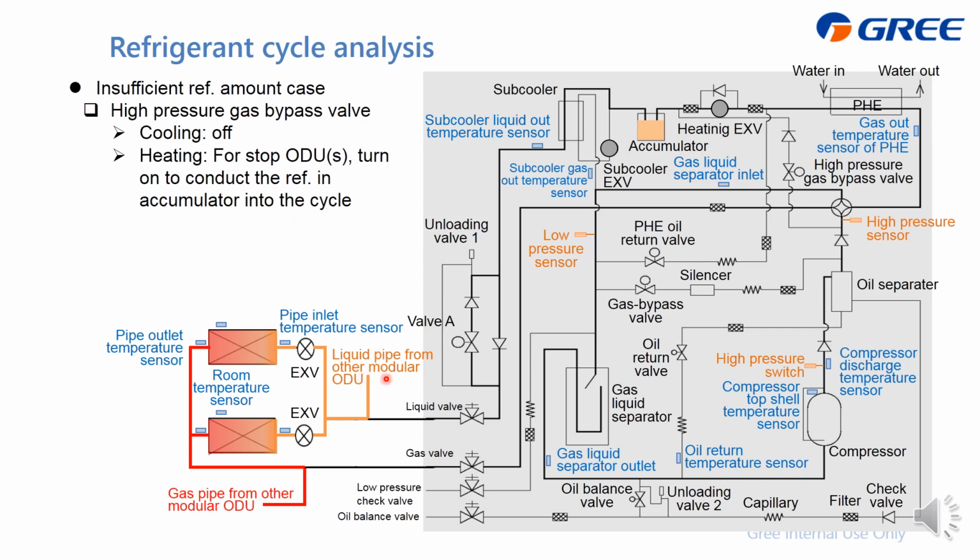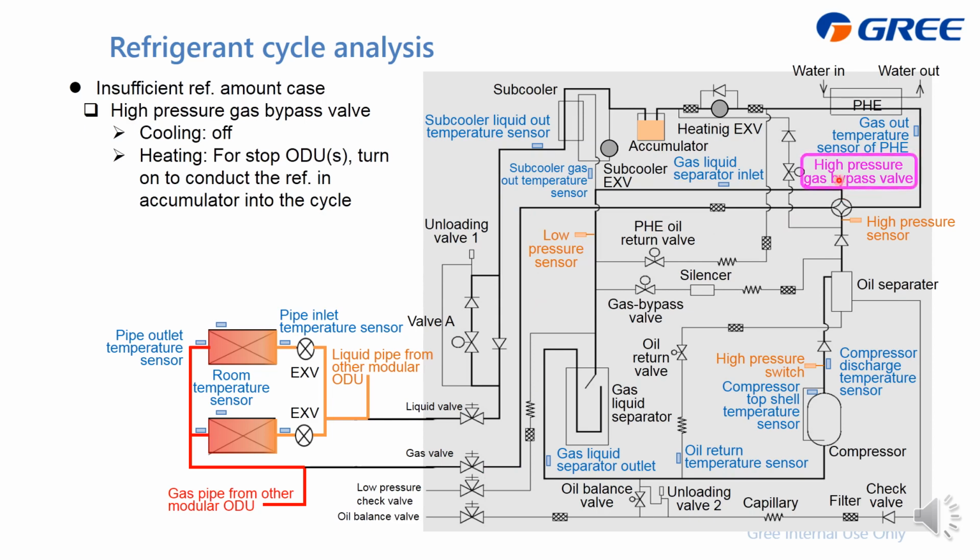So for example the system is still in heating mode, and from this picture you can also find the refrigerant from the other outdoor unit goes to the indoor unit, and then becomes liquid and flows back to the other outdoor unit. In case we find the refrigerant is not enough, we need to use this part. And how the system will operate is like this: as the gas valve is connected to it, everything flowing here will be high pressure in heating mode, right, which is this.